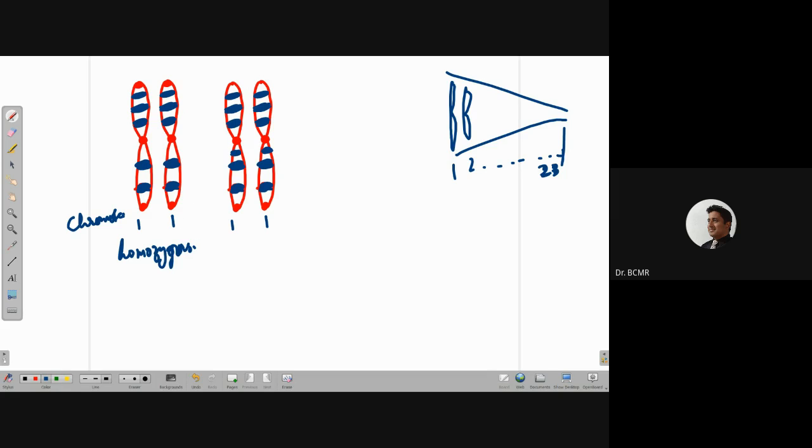The individual here, assume this is the father, and this is the mother. Mother is homozygous in terms of chromosome banding pattern on chromosome 1. The father is also homozygous. There is a difference, right? The difference between them is this part. This extra band is there in the father, whereas it's not present in the mother.